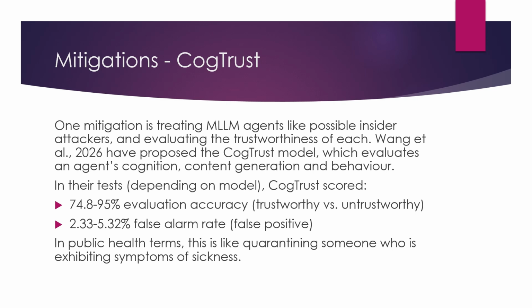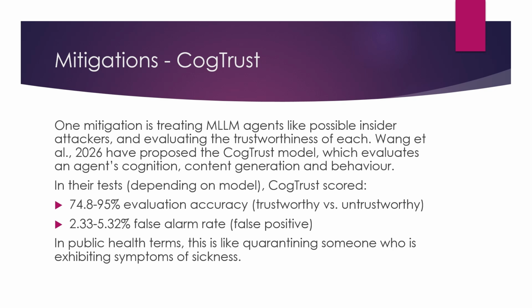Wang et al. in 2026 drew on this paper, and I came across their paper while researching, and they proposed the COG-trust model, which evaluates an agent's cognition, content generation, and behavior.